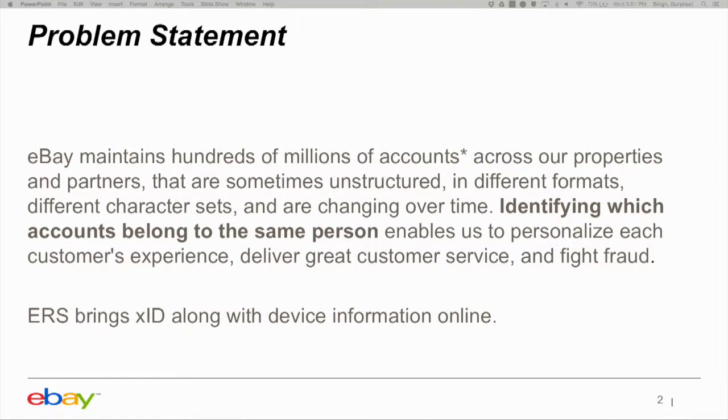Now these accounts are sometimes unstructured. Their specification is in unstructured format. They use different character sets, different languages, and they change over time. Some people may change addresses over time. Some people have a name change.